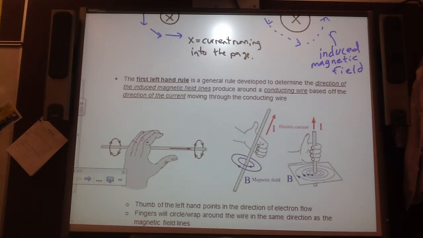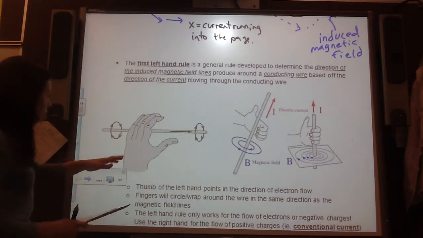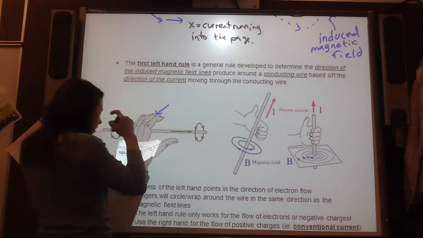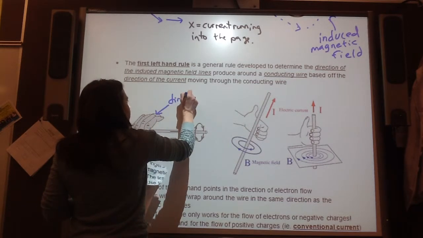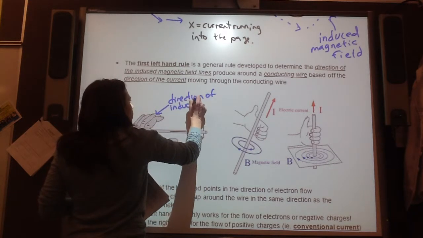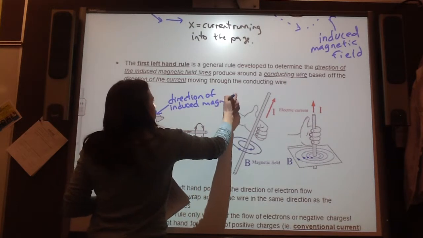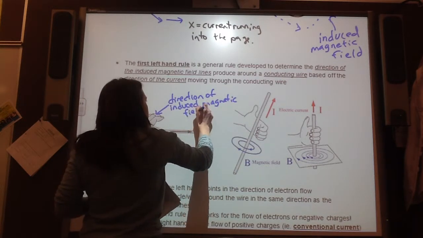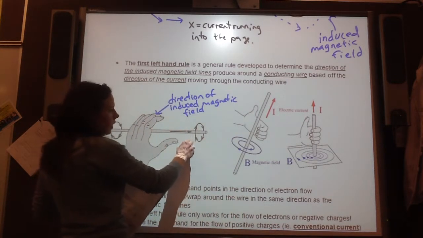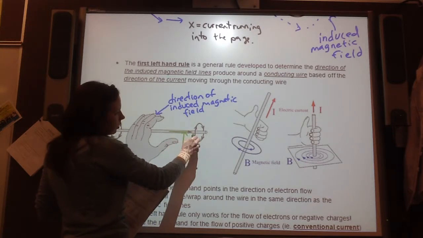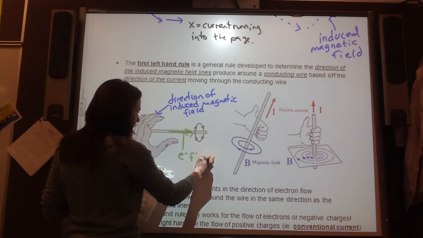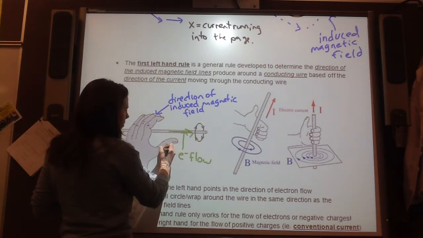So if we look at this diagram here, the fingers are showing the direction of the induced magnetic field. And here where we have this arrow going this way, that's the flow of the electrons, and that's what our thumb is showing.